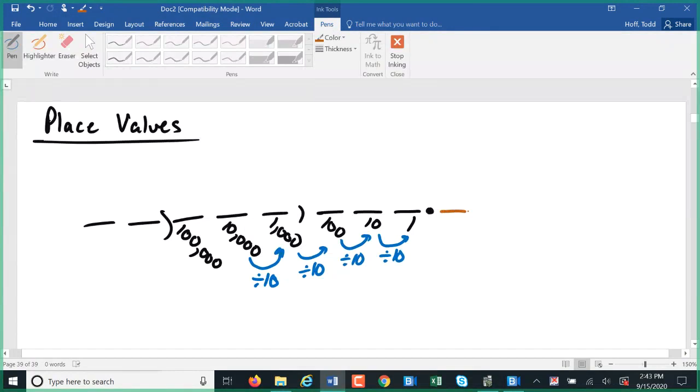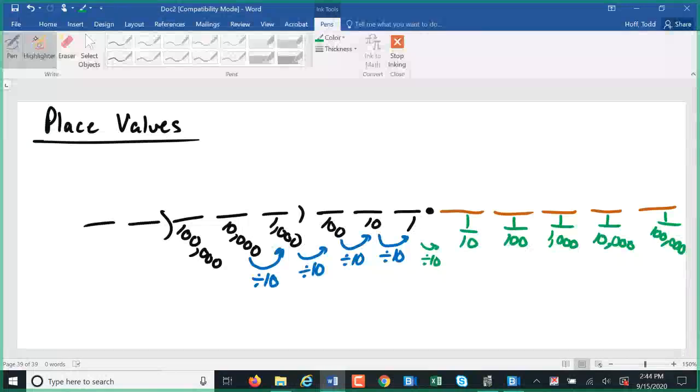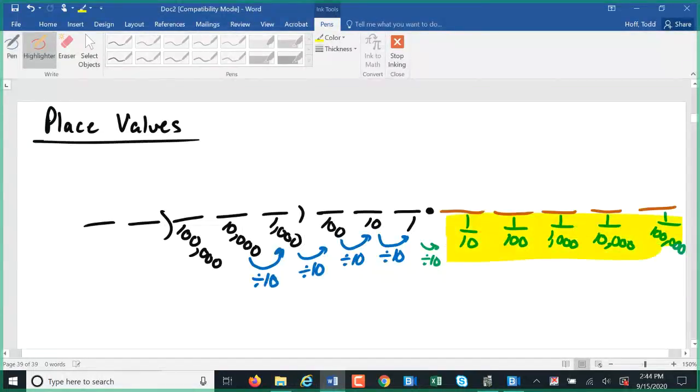That pattern continues on the other side of the decimal point as well. 1 divided by 10, of course, is 1/10. 1/10 divided by 10 is 1/100th. 1/100th divided by 10 is 1/1,000th. 1/1,000th divided by 10 is 1/10,000th. 1/10,000th divided by 10 is 1/100,000th. And that pattern continues.